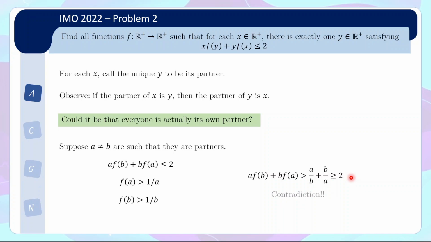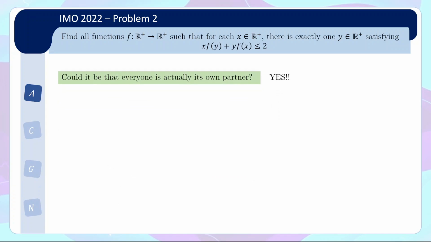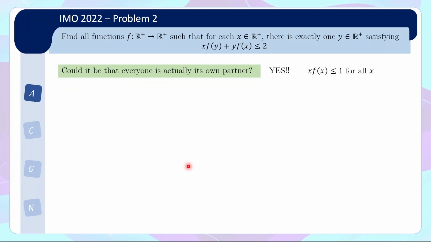And this is a contradiction with this statement here, because this thing is strictly bigger than 2, but here it is less than or equal to 2. So it turns out actually, everyone is its own partner. And this is a very powerful statement. Now you know that actually, x f(x) is less than or equal to 1 for all x.